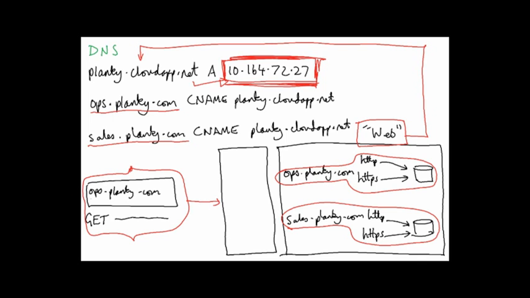Then IIS just looks this piece of host header data up and finds the relevant site, which is this one, and so this request gets handled by the code that's living in this folder. And it would be the same for sales.planky.com. So it's our host header support, in a part of IIS, which is solving that problem for us.